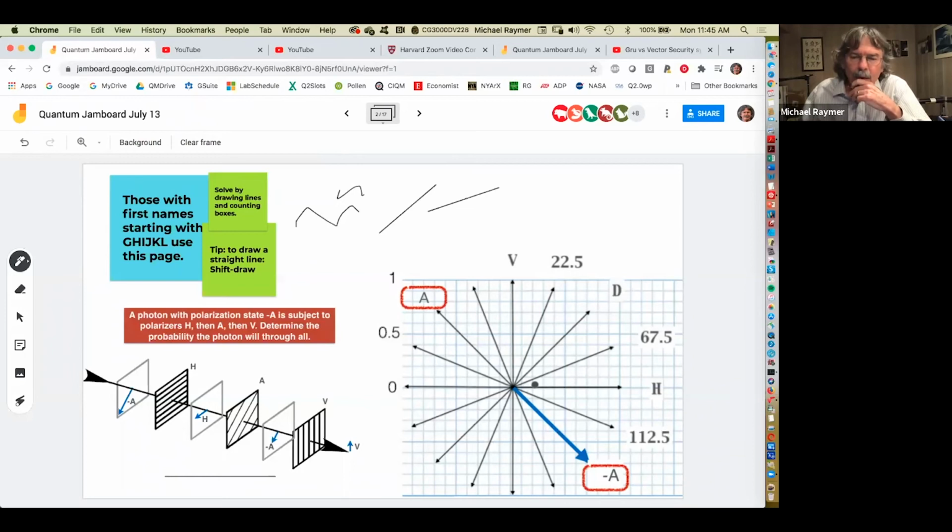And now go on to the graph paper, draw a straight line from the tip of the A arrow, of the state arrow, which is shown in blue here, project it onto the H axis with a right angle at the H axis.